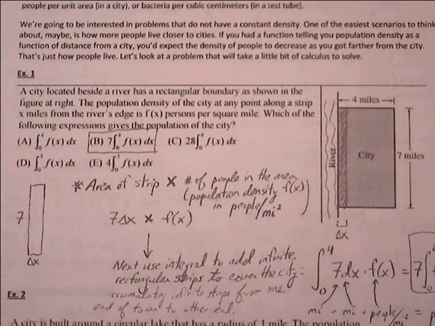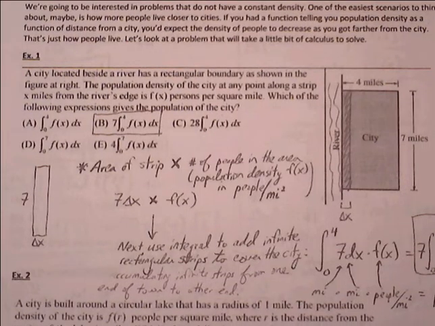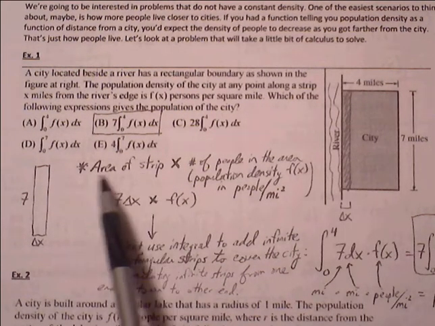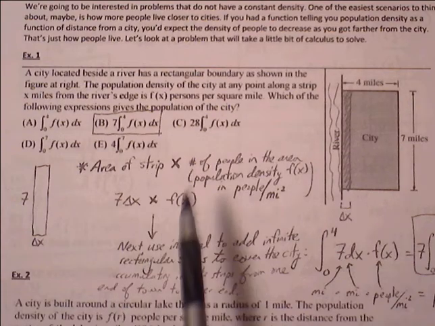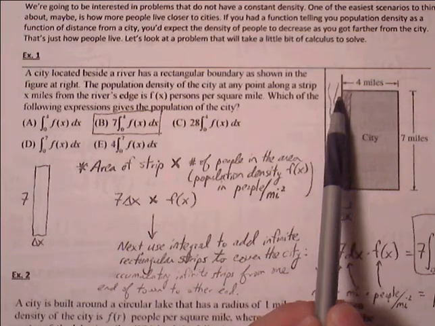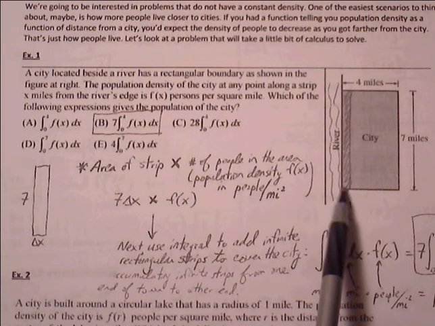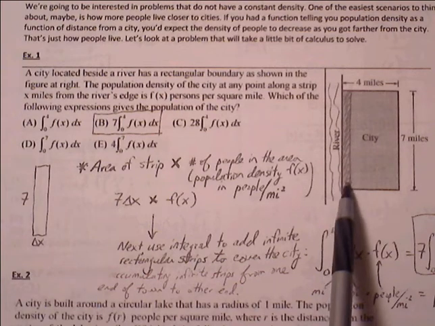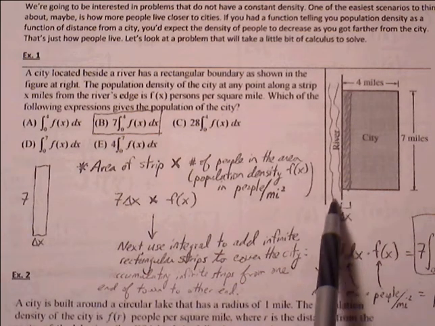First off, we need to identify this rectangular area strip. We represent this rectangular strip as having a height of 7 miles and a width of, let's call it, delta x.